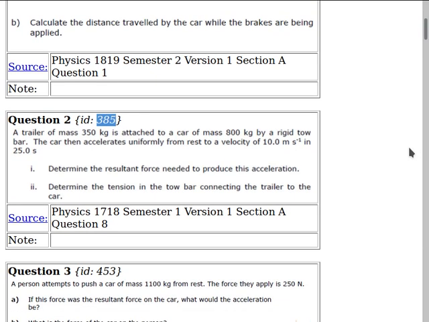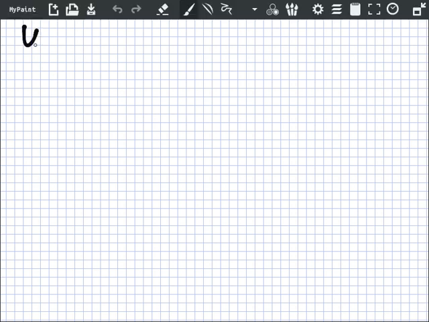The car accelerates from rest to 10 meters per second in 25 seconds. Determine the force needed. Okay, so what I'm going to do first is, this is a UVATS problem.